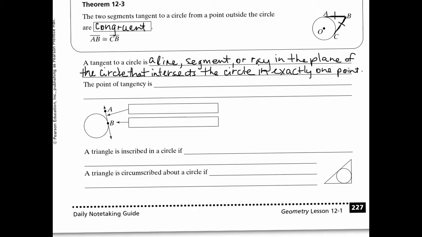Okay? The next word, the point of tangency, is the point where a circle and a tangent intersect.